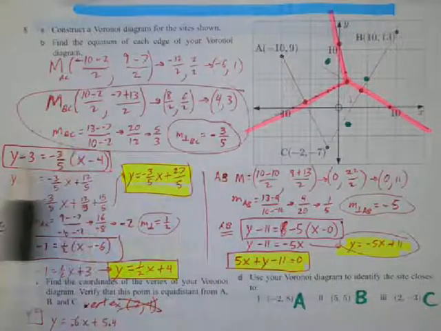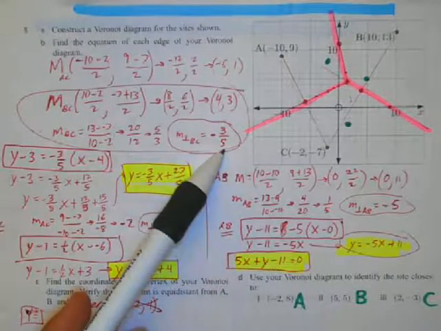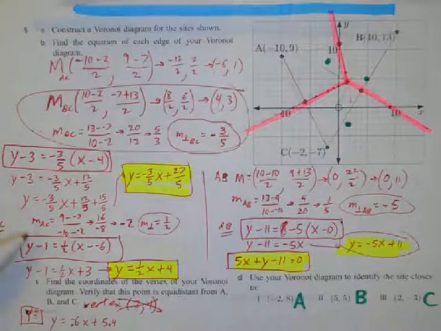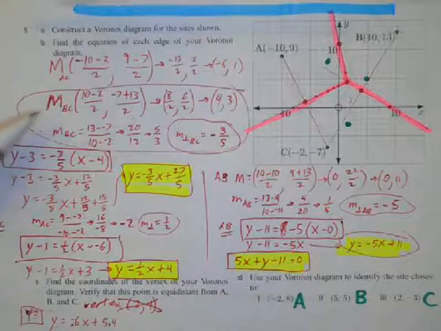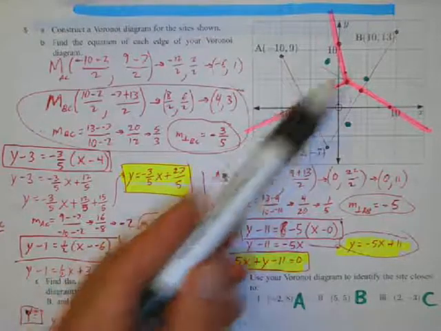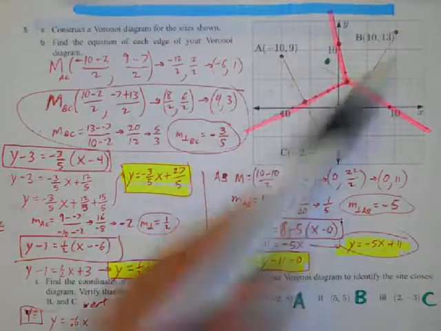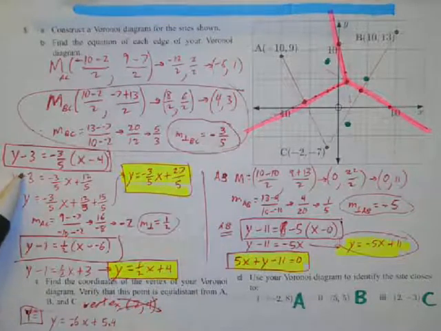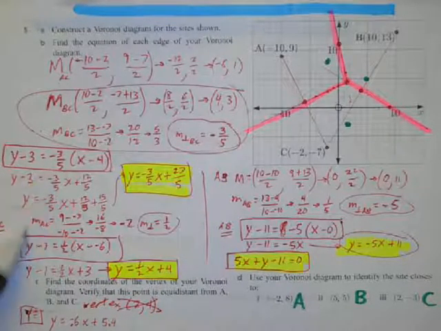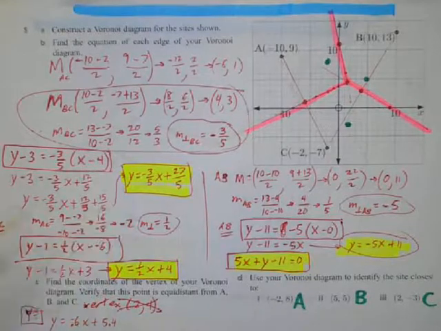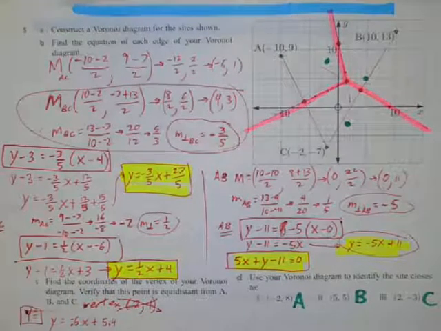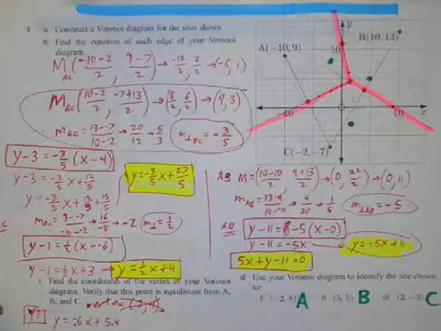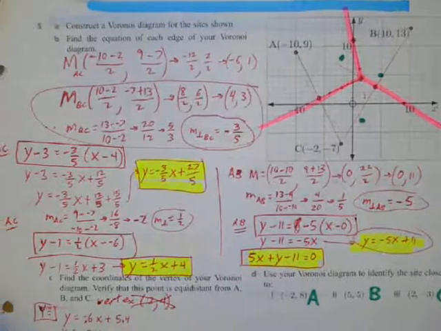Okay, they wanted you to do quite a bit. So after I found the midpoints, I figured out the slopes, and with the midpoint and the slopes, I put it into point slope form, and then I found my equations. Okay, you might want to hit pause to check your work.